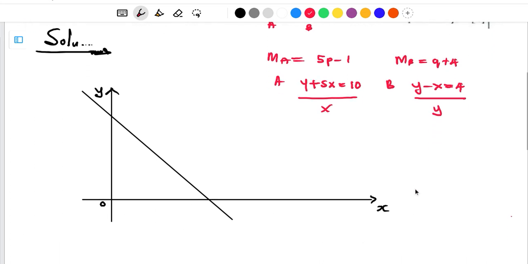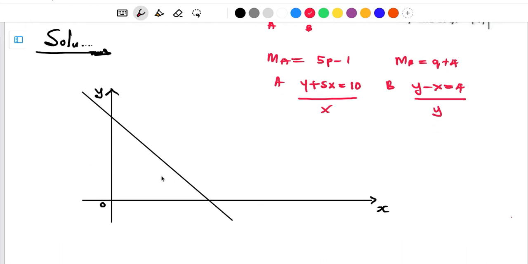So we have the Cartesian plane, the xy plane. This is going to be A, with the equation y + 5x = 10, and this is B, with y - x = 4.